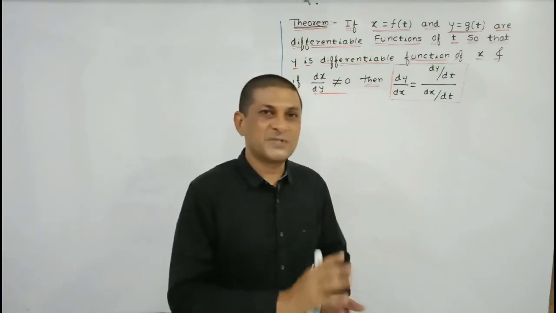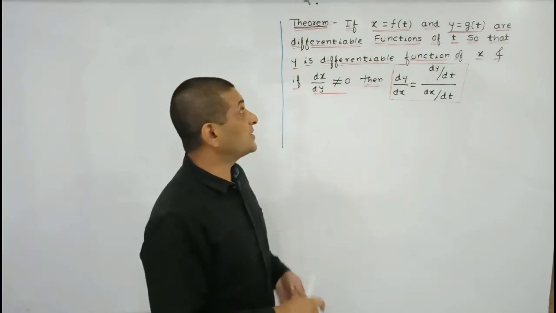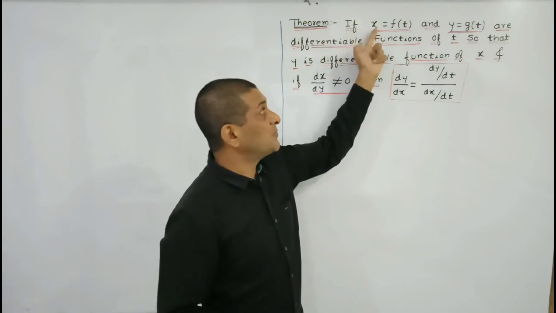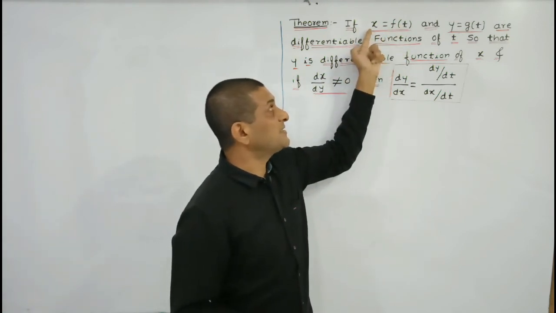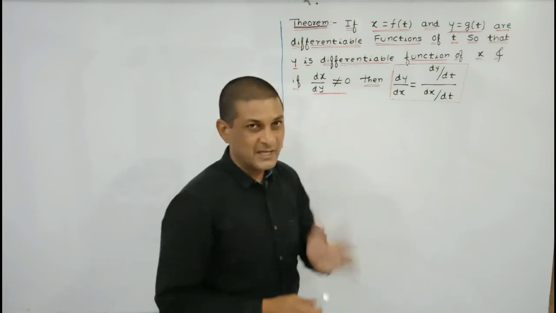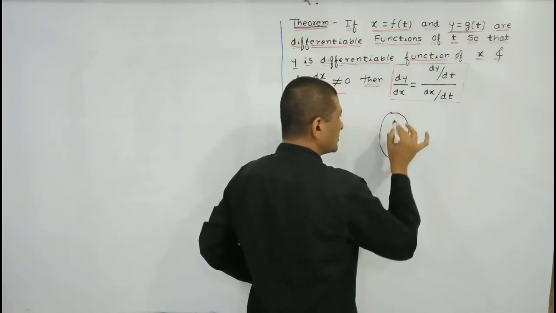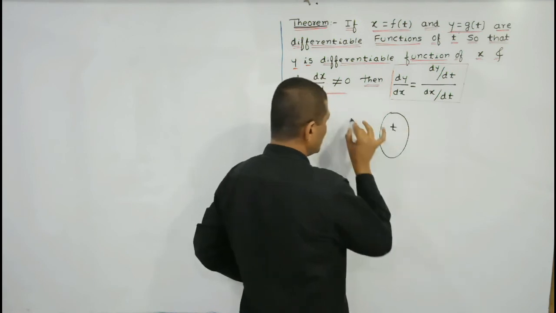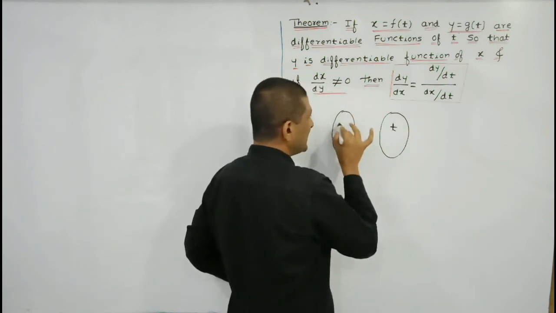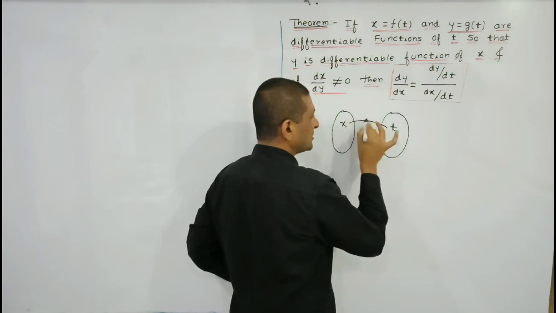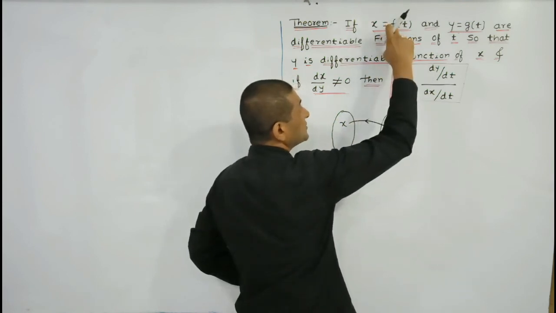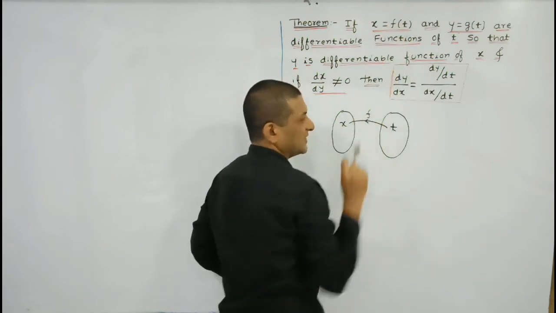Now first observe the given condition in this theorem. What is the condition? If x is equal to f of t, x is a function of which variable? t. So here, let us suppose we are trying to draw a rough sketch. Easily we can observe that x is a function of t, and this function is denoted by f.